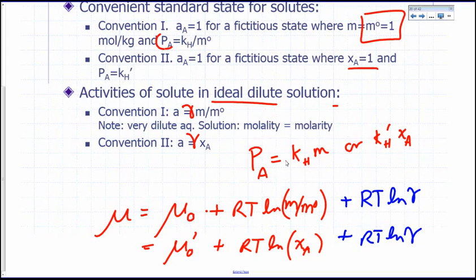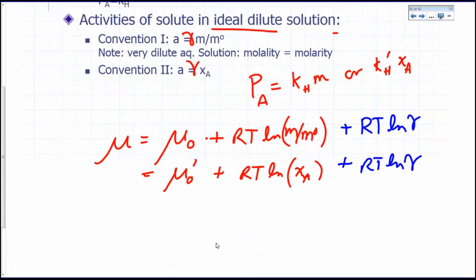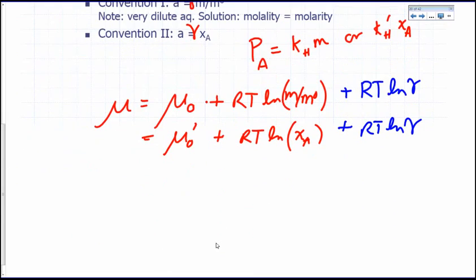So how are you going to determine your gamma? All you have to do is say activity is P_A over K_H, and that's equal to gamma times molality.